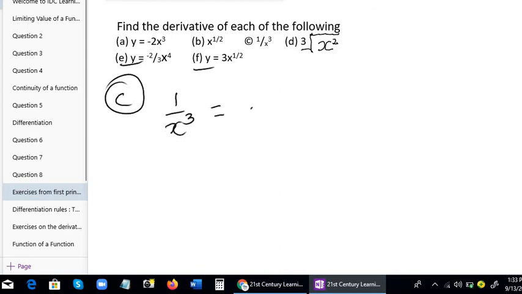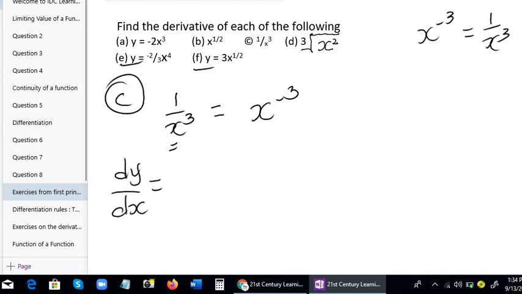This is the same thing as saying x to the power of minus 3. I've explained that before. So whenever you have this, you can always convert to this. So x to the minus 3 is the same thing as 1 over x cubed. I can differentiate now. dy/dx equals minus 3 times the invisible coefficient of 1.